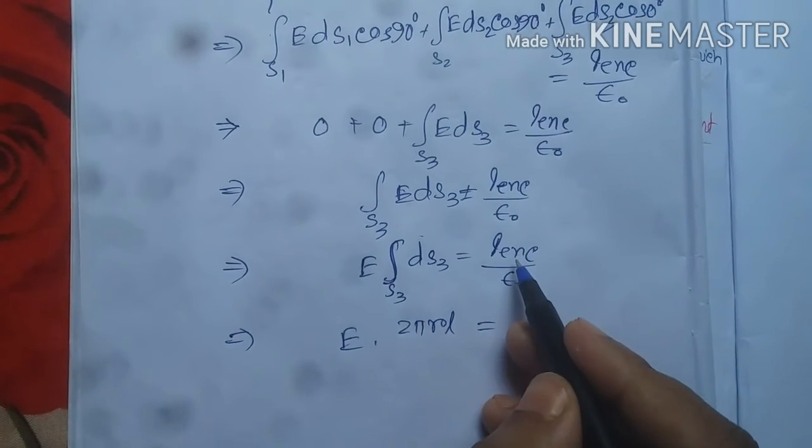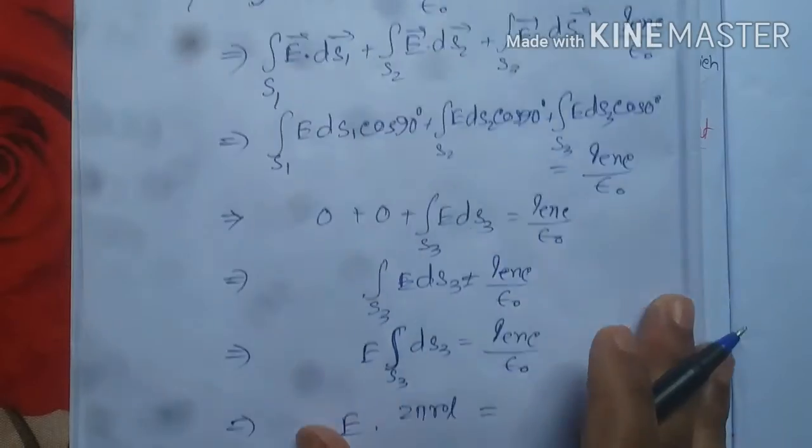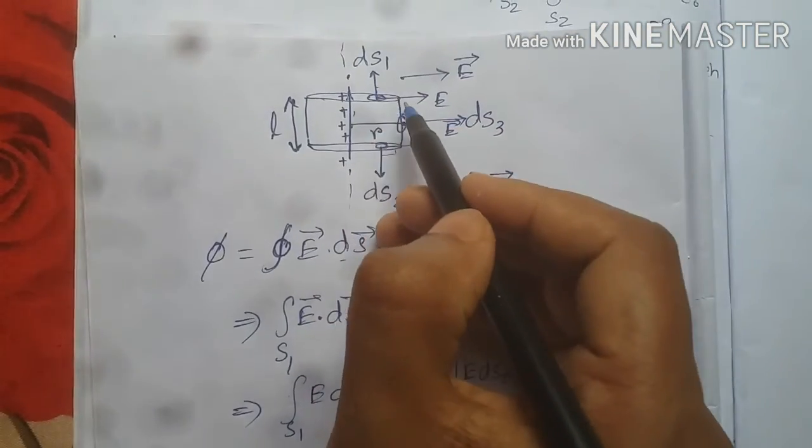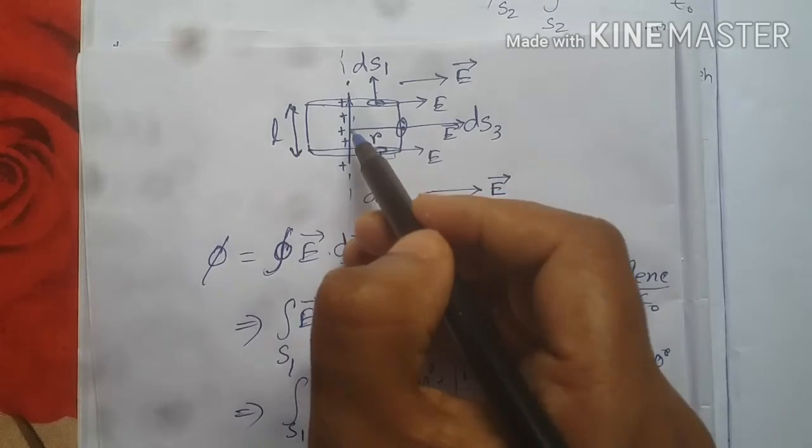Okay, and this Q enclosed means the charge enclosed by this cylinder. So the charge enclosed by this cylinder is only the charge in that portion.